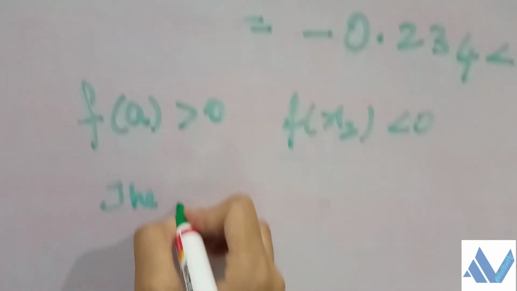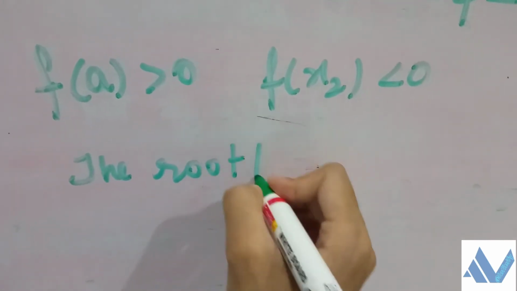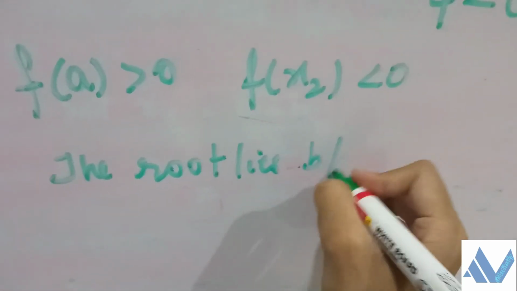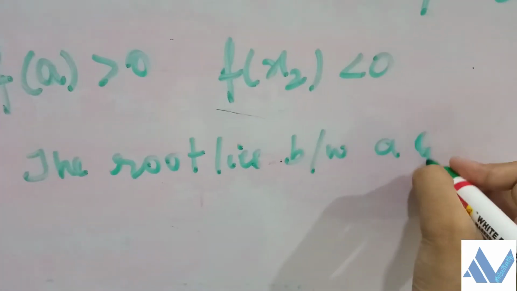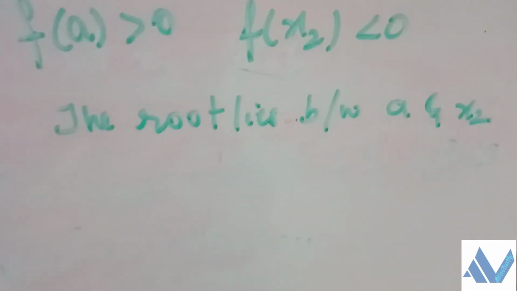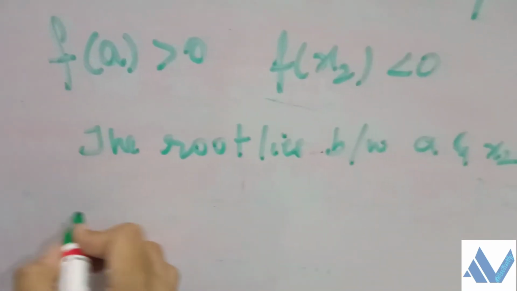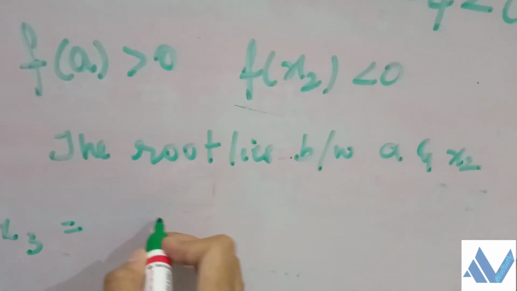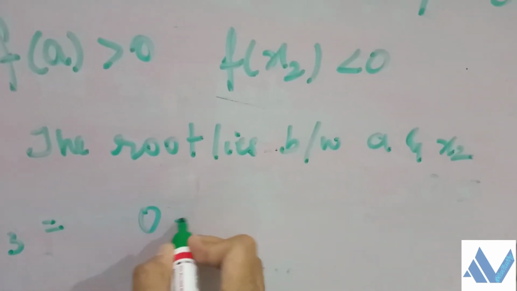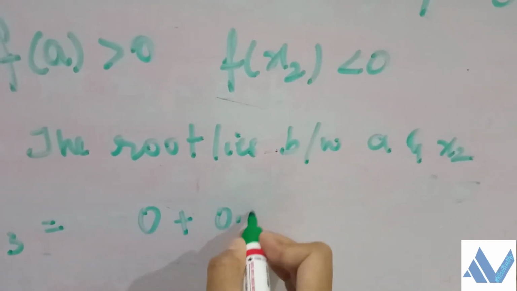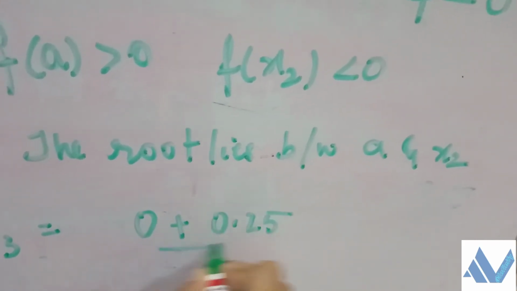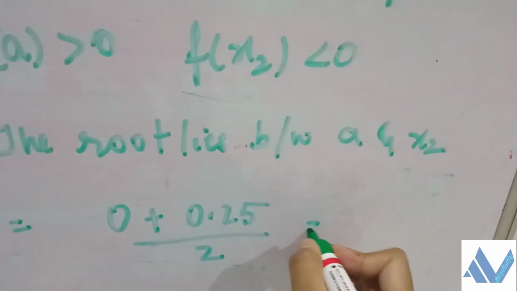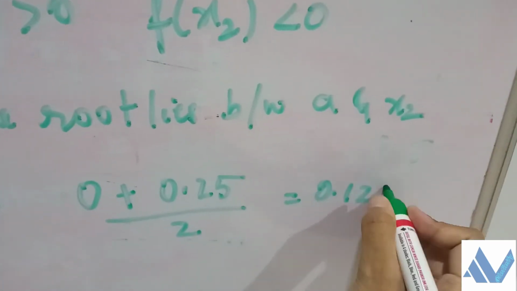The root lies between a and x2. So x3 is equal to (0 plus 0.25) by 2, which is 0.125.